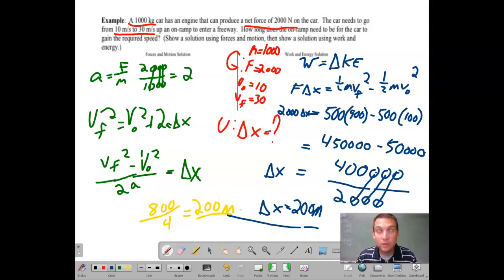At this point, I'm going to beg you to please get comfortable with the work-energy theorem, because this nice equation has combined both of these equations, this whole big, long process, and it went quicker for me because I know these equations off the top of my head. For you, you may be staring at your equation sheet saying, okay, I have my starting velocity, I have my final velocity, I have my force, and I have my mass. I don't see any equation on there that's going to relate these.